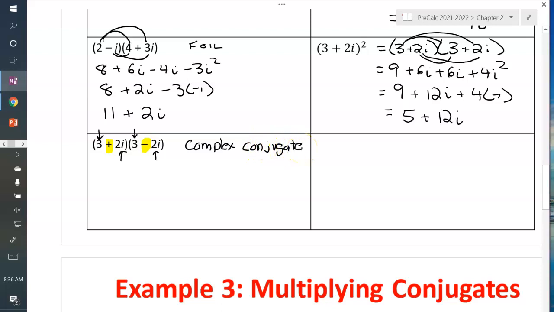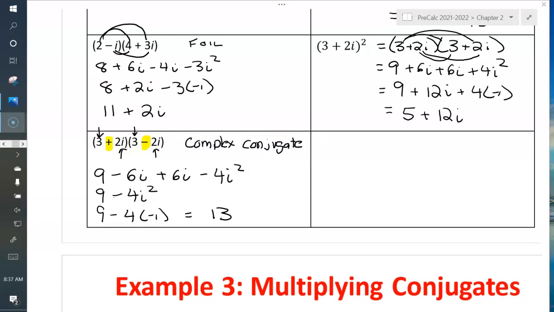And when you multiply a complex number by a complex conjugate, something very interesting happens. So let's go ahead and distribute and see what happens. Matter of fact, pause your video here, distribute, and then come back and compare your work with mine. So pause the video now. So if you distribute, what you should have seen is that that middle term, the negative 6i plus 6i, drops out completely.